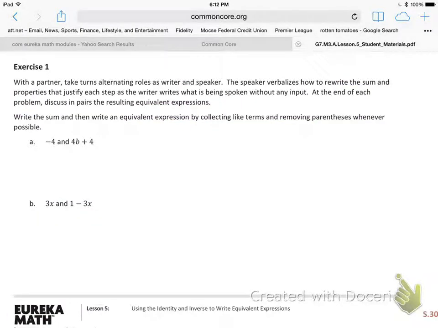Now this exercise 1 is intended to be done with a partner in class, and as it says here, with a partner, take turns alternating as reader and speaker. The speaker verbalizes how to rewrite the sum and the properties that justify each step as the writer writes what is being spoken without any input. At the end of each problem, discuss in pairs the resulting equivalent expression.